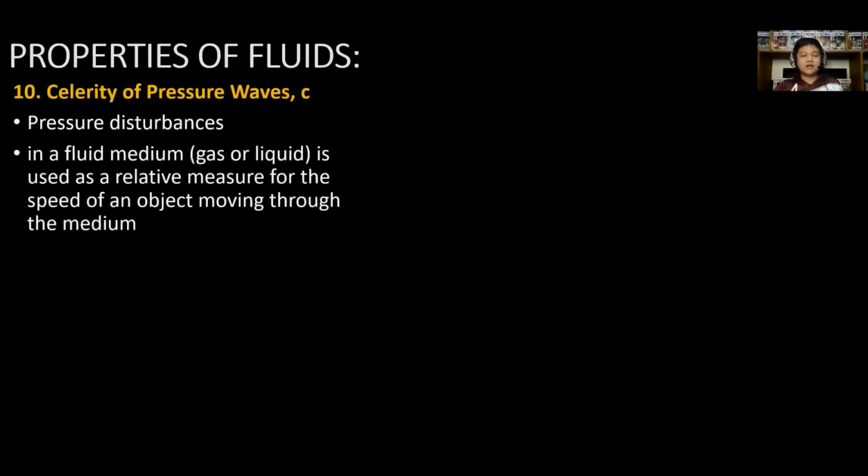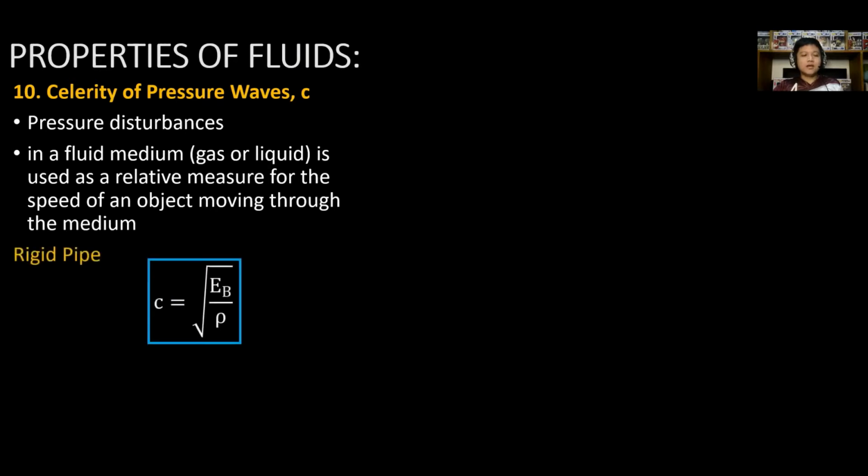So for the 10th property, the celerity of pressure waves, or small letter c. Another term is pressure disturbances, defined in a fluid medium, gas or liquid, as a relative measure for the speed of an object moving through the medium.